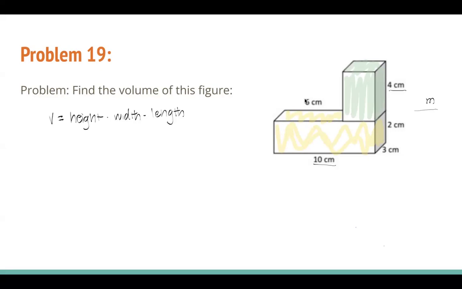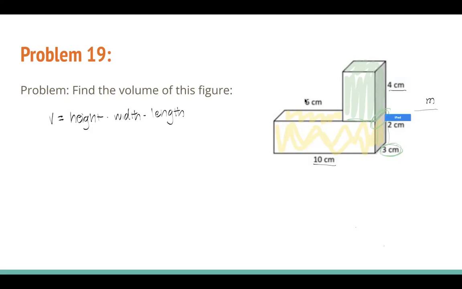So now we need to find the lengths of this and this. If we're looking at this part over here, we know that the width of this rectangular side matches exactly this side.